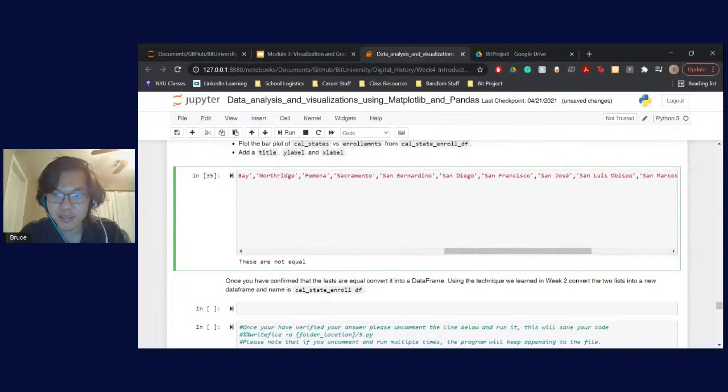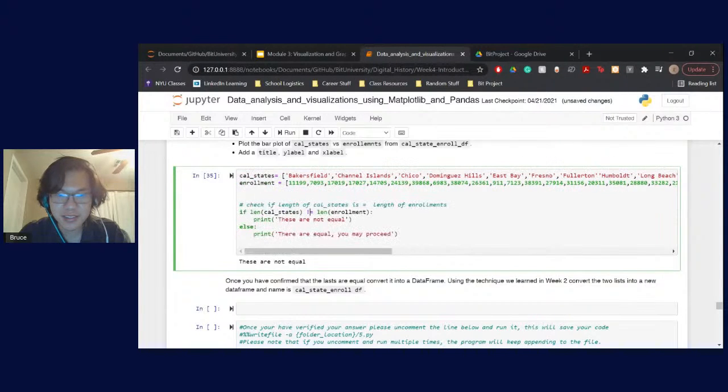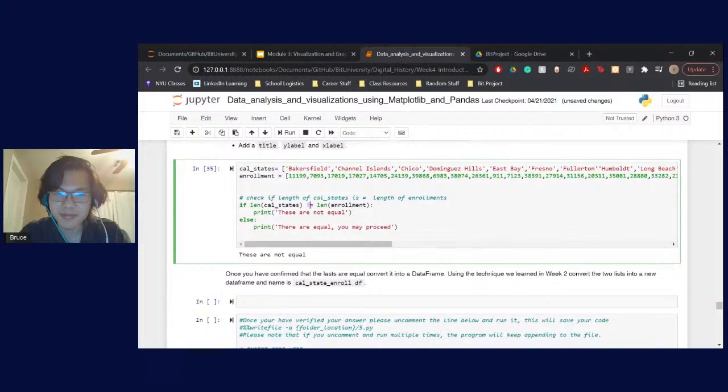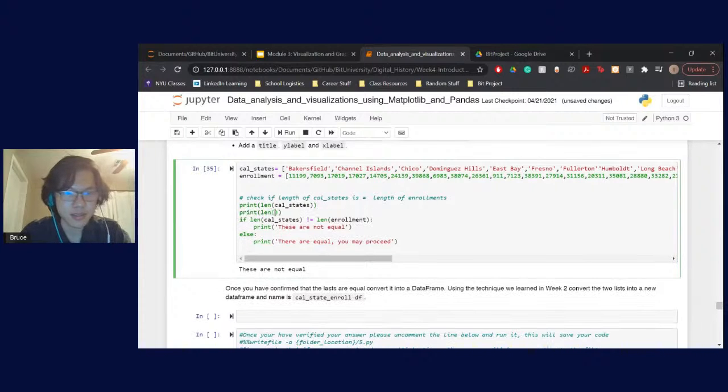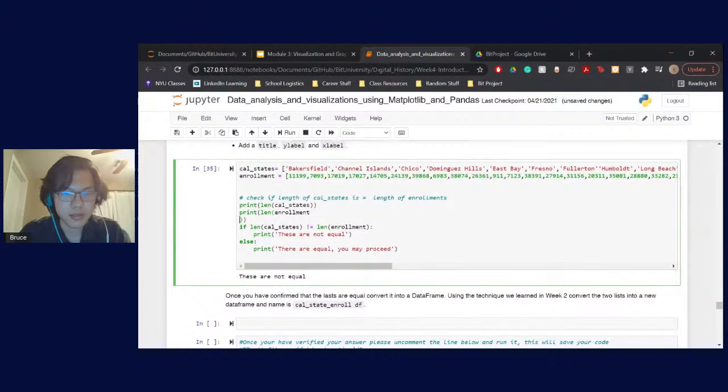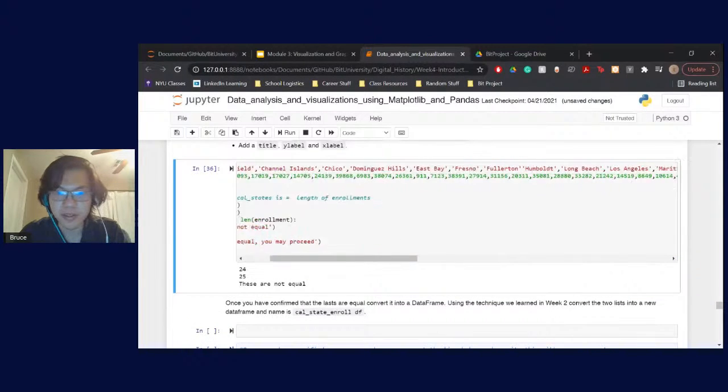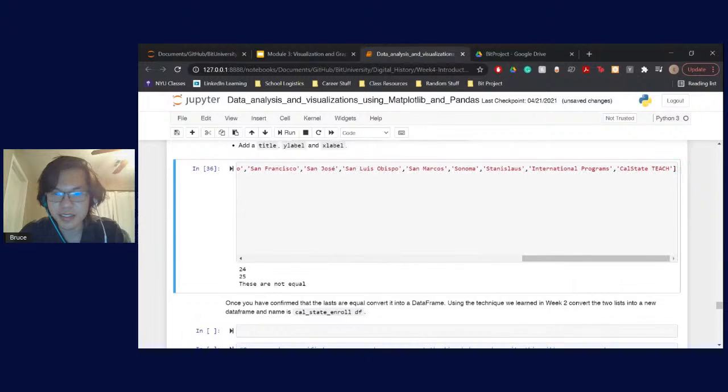Are these actually not equal? Yikes. Let's try this out. Print. And 25. Okay.